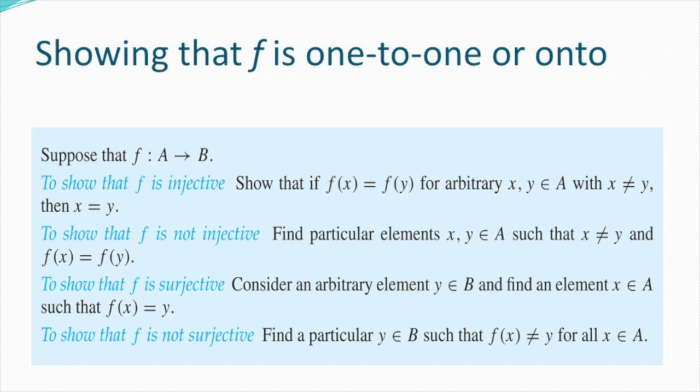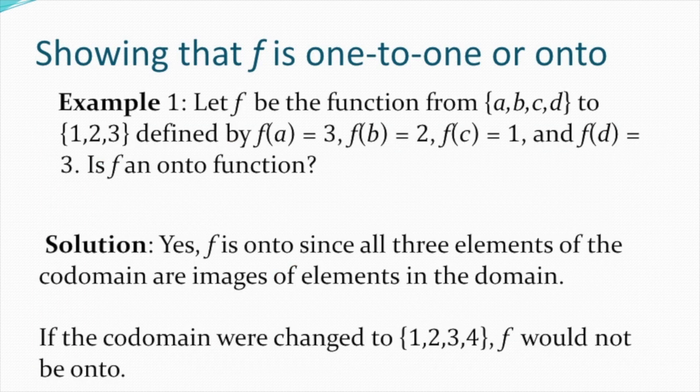Let us take more examples so you can understand how you can employ these rules. For example, if you have a function f, we write it as follows. There is a function mapping from the set A, where we have A, B, C, and D in the first set, to another set 1, 2, 3.